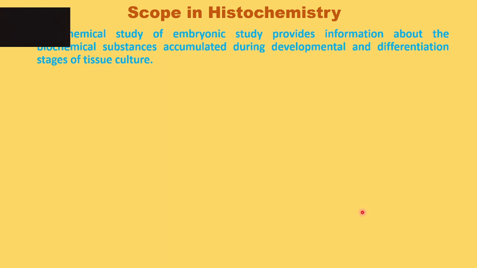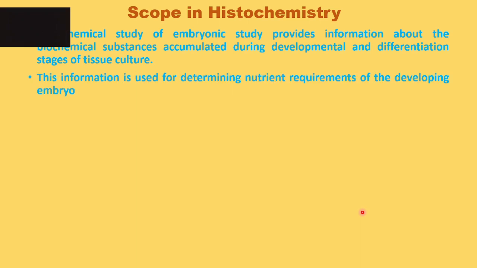These biochemical substances may be the reason for the developmental and differentiation stages, and due to this we must know the embryo study. Then this particular information is used for determining the nutrient requirement of the developing embryo.